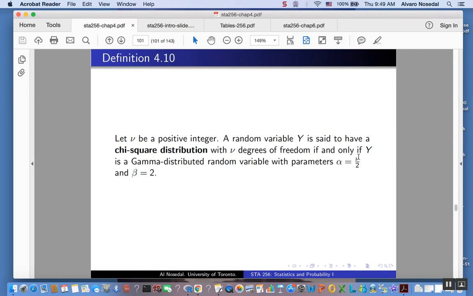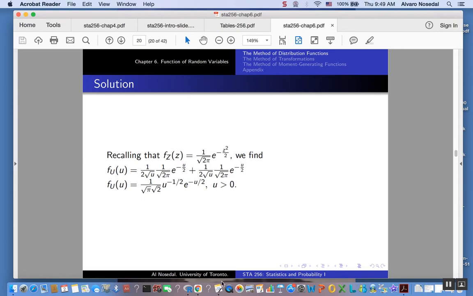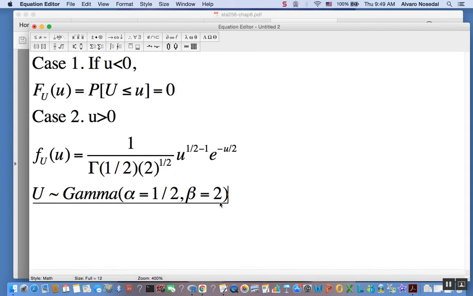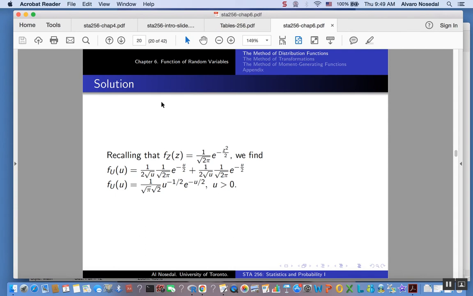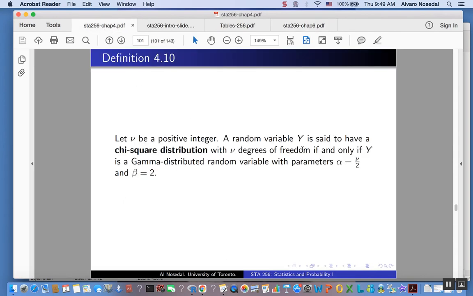Okay, so in this case, beta equals 2, right? And alpha is 1/2, so that means that nu, the parameter of the chi-square, is just 1, just by the very definition of a chi-square.